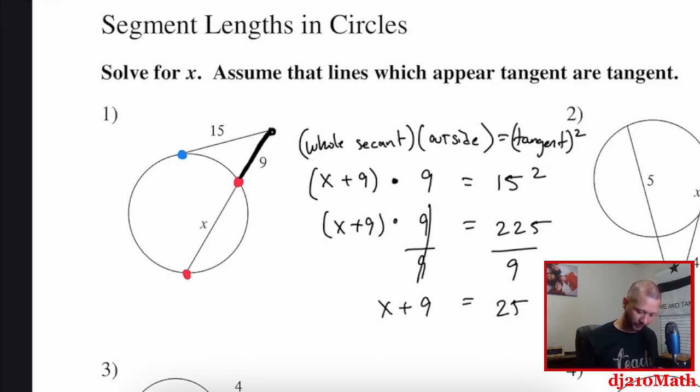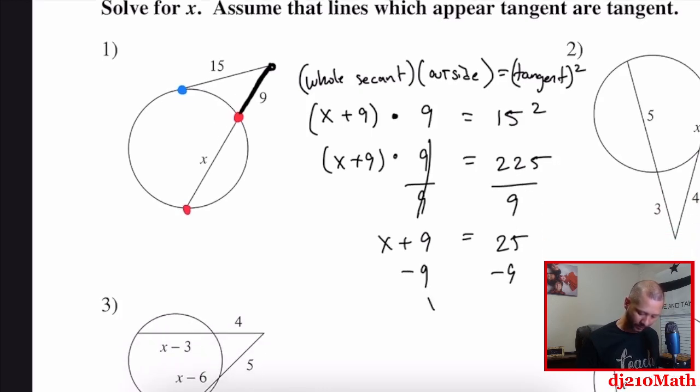Those cancel. x plus 9 is equal to 25. So something plus 9 is 25. It's going to be 16, I feel. So we subtract 9. x is equal to 16.